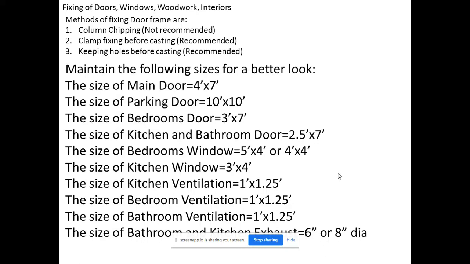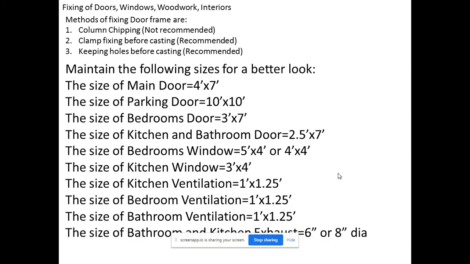shelves, wardrobes, and interiors. Now the methods of fixing the main door can be through column chipping, and the room doors can be through column chipping, clamp fixing before casting, or keeping holes before casting. Never make use of the press method; it is outdated and cracks may emerge in the columns.